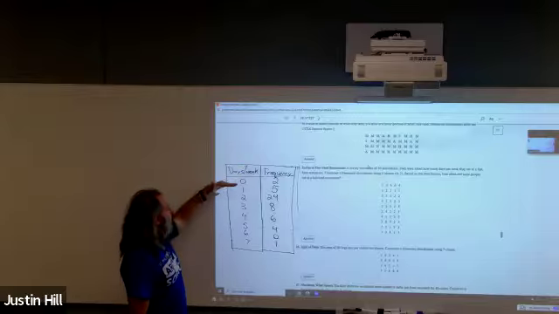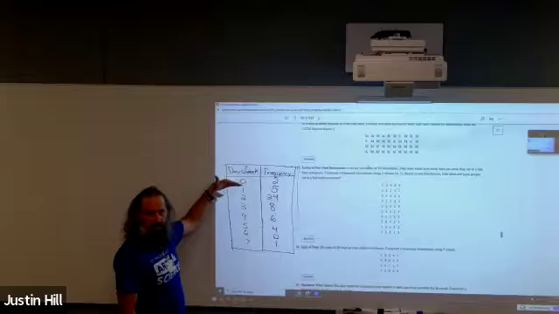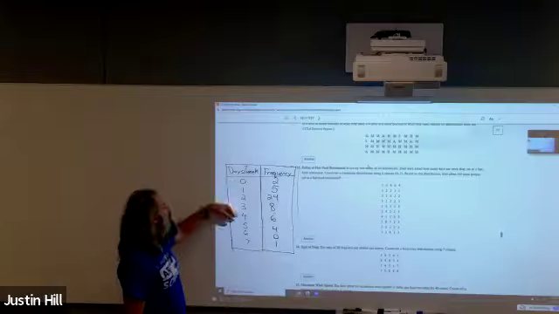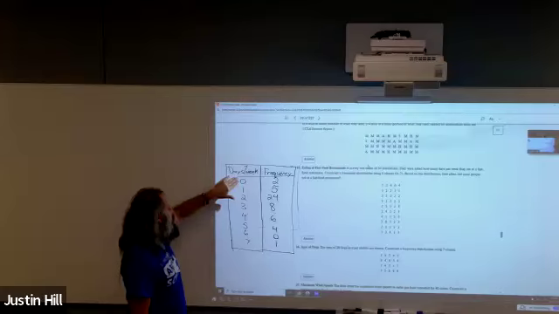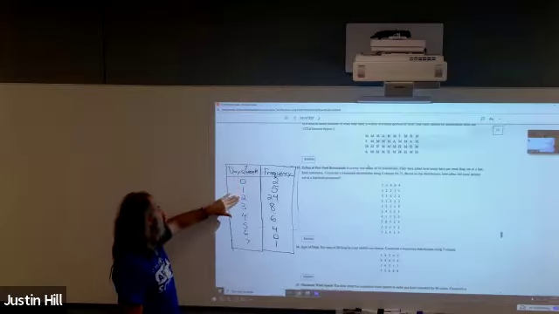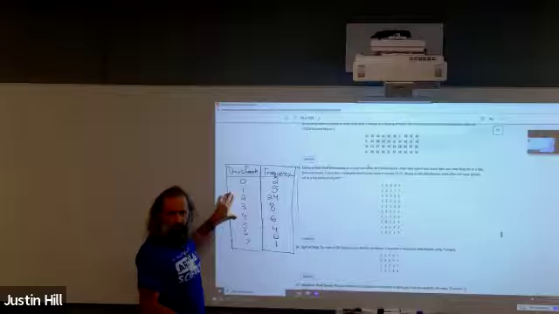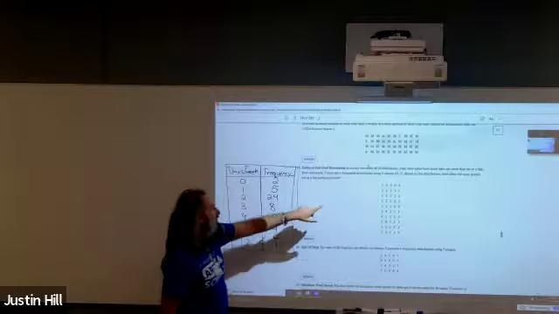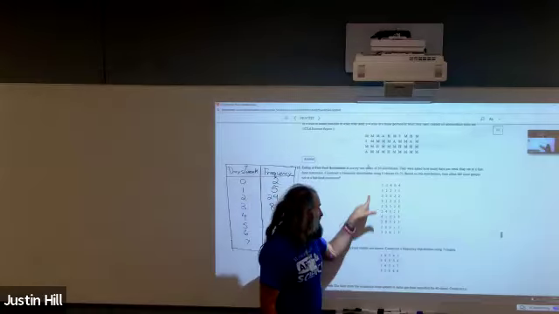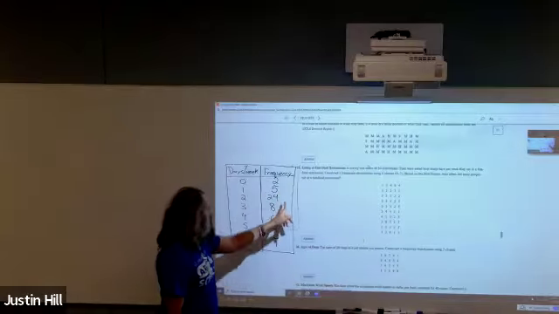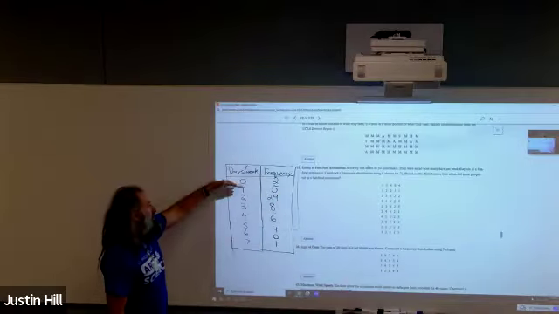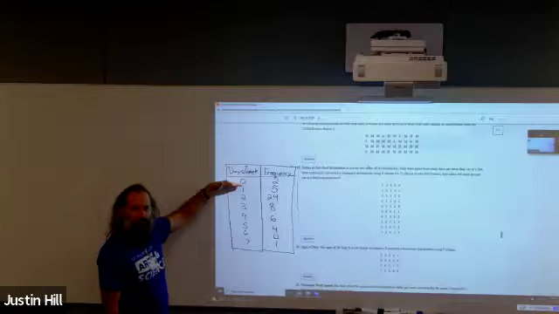But this time your categories are numbers, and it is weird to have your categories, your classes, be numbers because these numbers, the 0 days a week, the 1 day a week, the 2 days a week, this is not your data. I want you to realize that your data is this, and we count up the data and we get the frequency here. But these categories are not really your data, right?